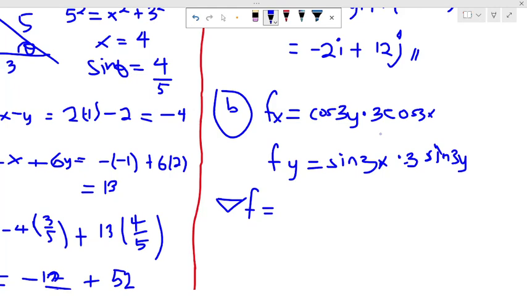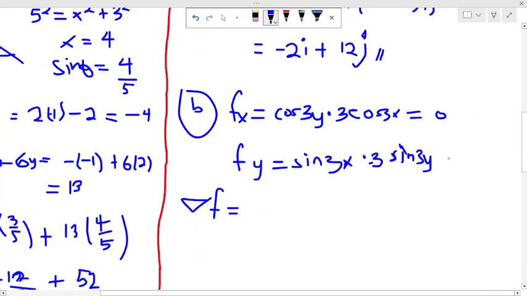And now pi on 2, we can evaluate in radians, but we can also convert to degrees, and that becomes 90. So now here we have 3y. So now we are going to get cos of 3 multiplying pi on 2, multiplying 3 cos 0, and that gives us 0 here.